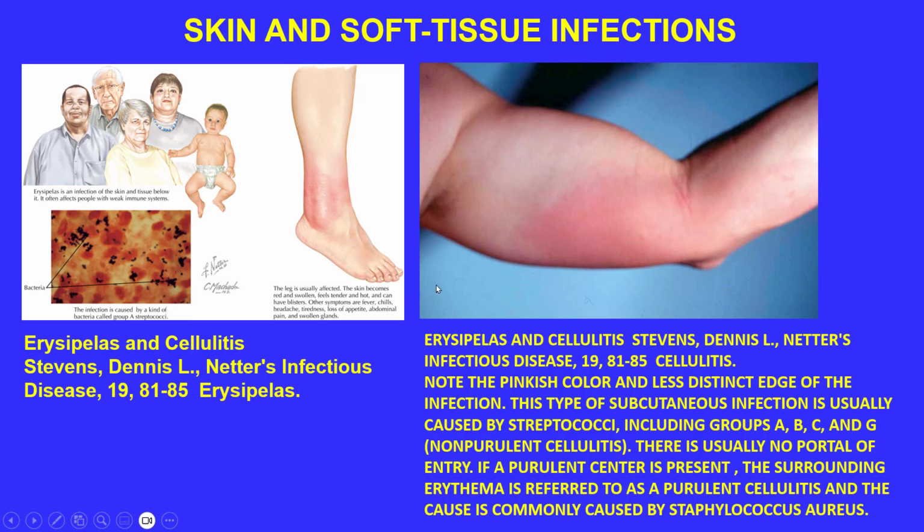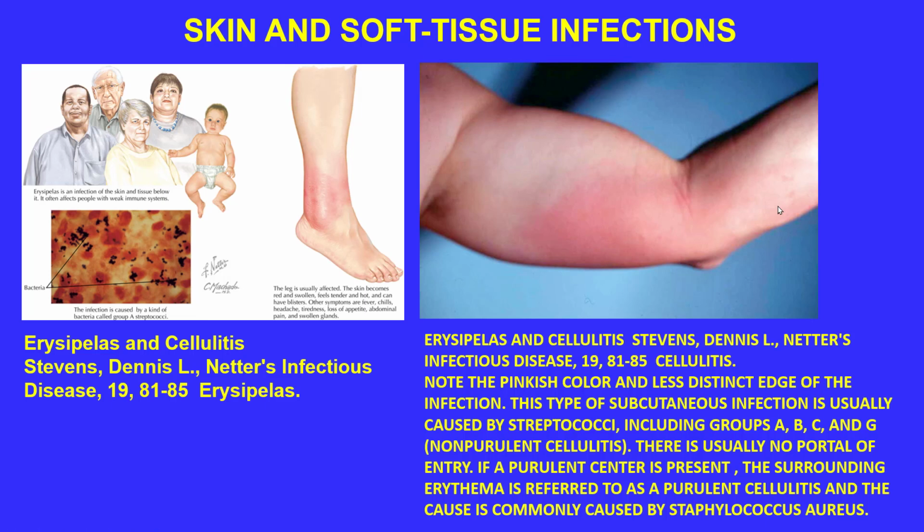Now, you take a look over here. What we have is cellulitis. Notice the area that's red. If you notice the pinkish color, you have a less distinct edge of the infection, and that's the thing. Looks like it's spreading out.